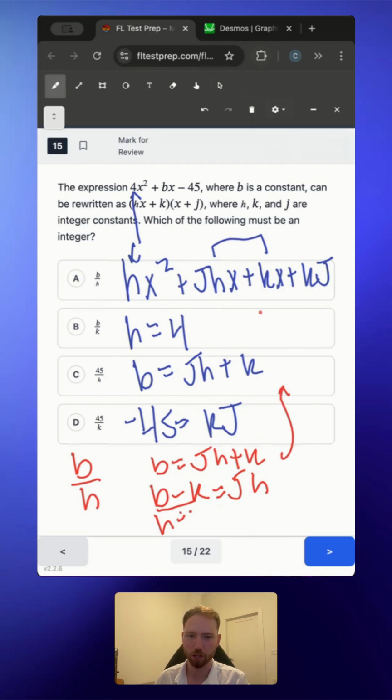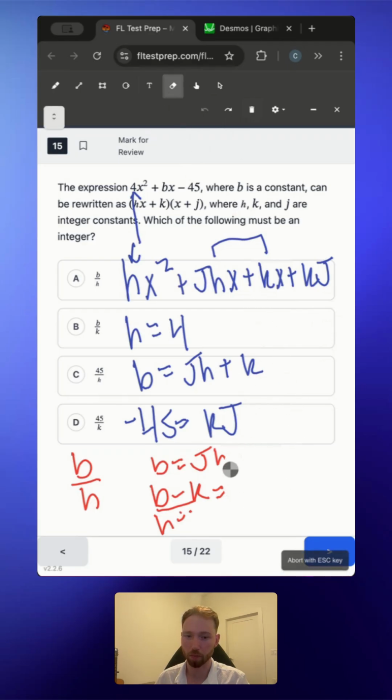Like if I try to see this out, it'd be b over h minus k over h equals j. That doesn't look like it would create an integer. That's a little tough. So I don't think that's going to be the right route. Maybe I wouldn't get rid of it immediately, but I'm probably going to look for a simpler solution.